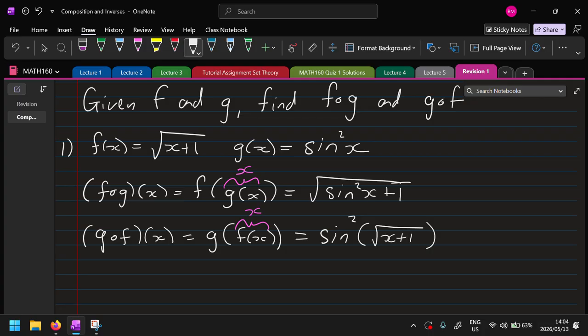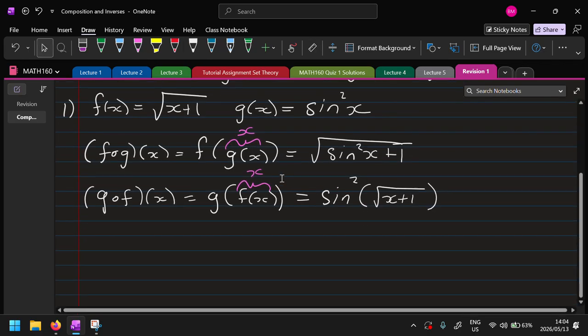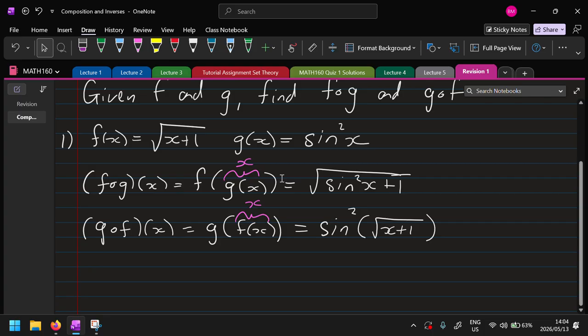And again, there might be some follow-up question. What's the domain? What's the range? Something like that. Or show that it's the inverse, right? So if this was the inverse, then you'd have some cancellation. You just have x, if these were inverses. But we're going to see that later.